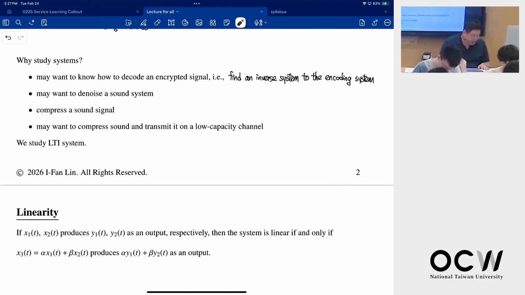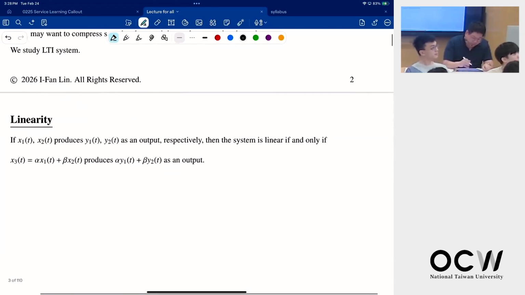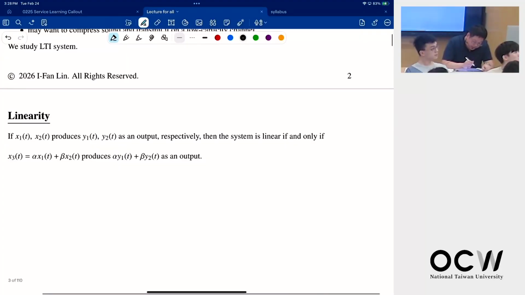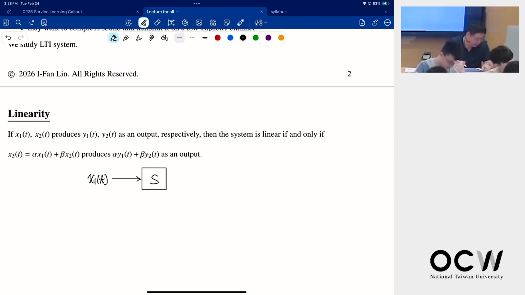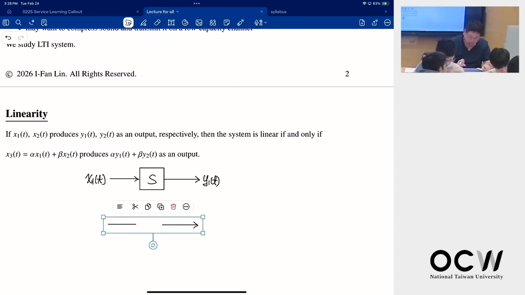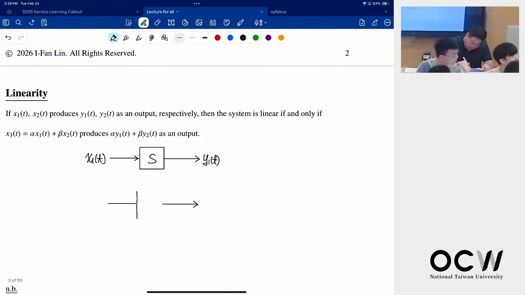Then we say that the system is linear. For example, if I have a signal x1 as our input, then this is the system. Then the output is y1. And then the other one, same system, but the input is x2 and output is y2.